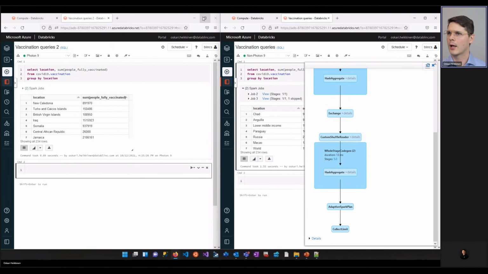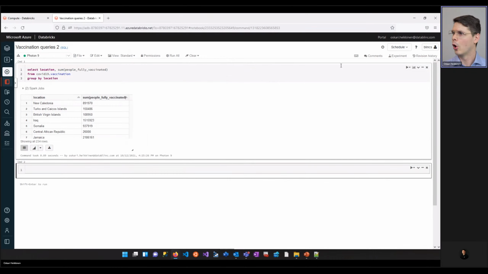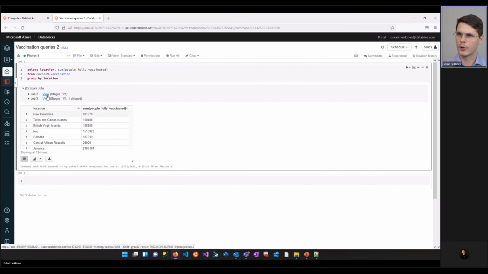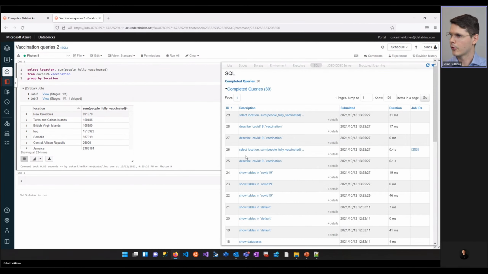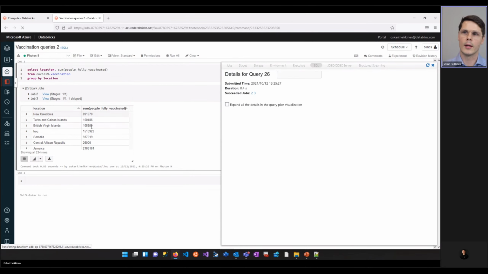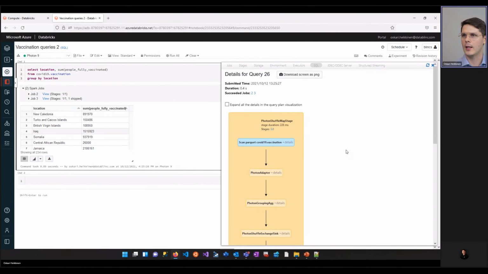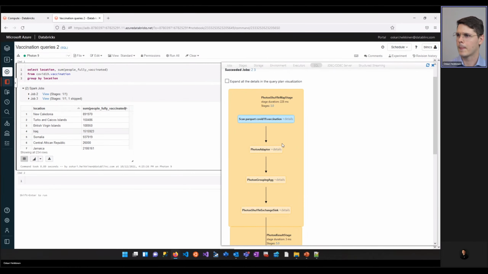And if we have a look at the same information on the Photon cluster, so let's go here, let's open the SQL side, let's select the query that we ran, and you can see immediately that there's a notable difference, because on this execution plan, we're actually having yellow instead of blue.